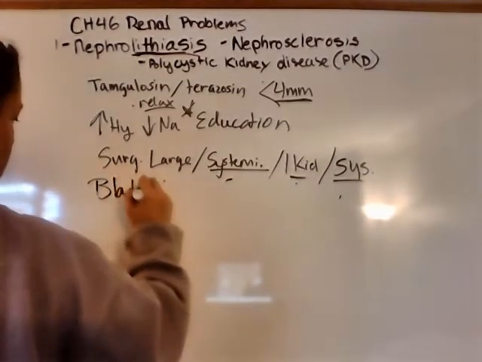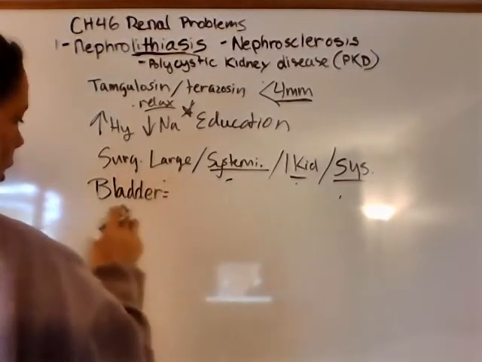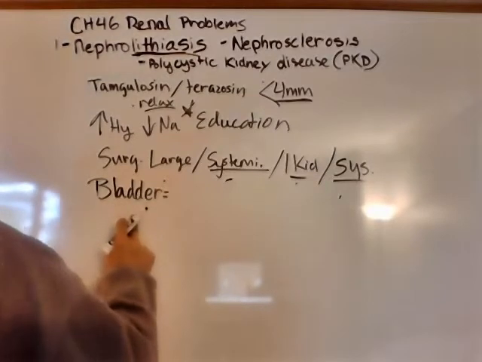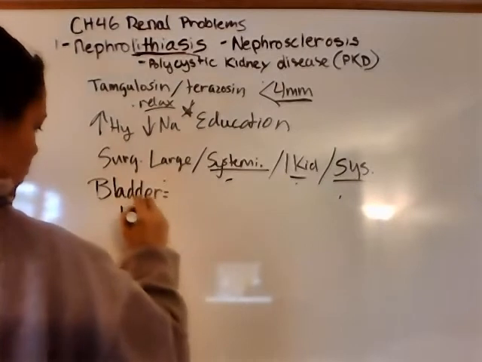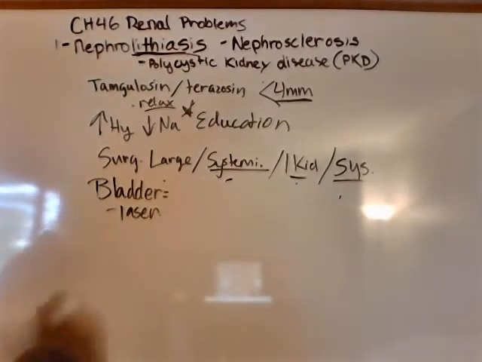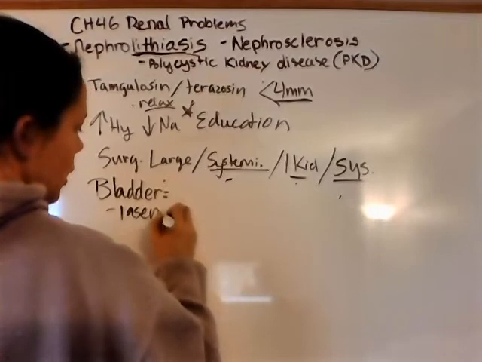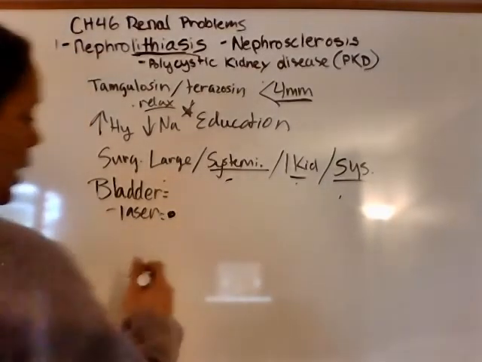If at this point you've determined from your CT scan that the actual stone's in the bladder, but it's not going to be able to make it through the urethra, then you can do a laser treatment where you're breaking up the stone. Of course, the problem will be that you're going to still have small chunks of stone going through the urethra, and that's going to create pain issues. But you can do that.